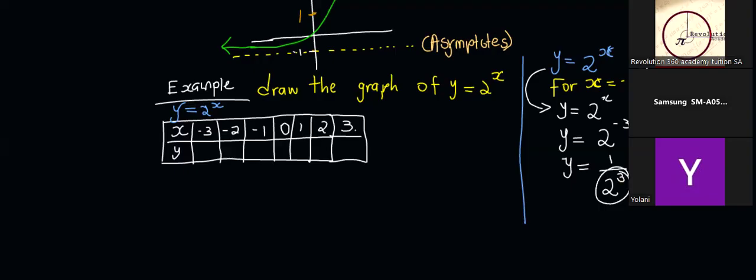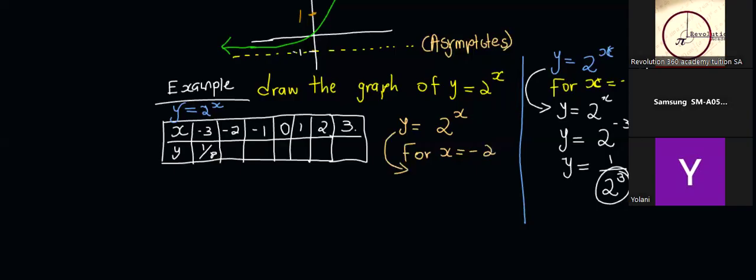As easy as that. Then you follow the very same method. Since you got that one, you say y equals 2 to the exponent of x, and then for x equals -2, because we want to get this value right here. You rewrite the equation to make your work neat: y equals 2 to the exponent of x.